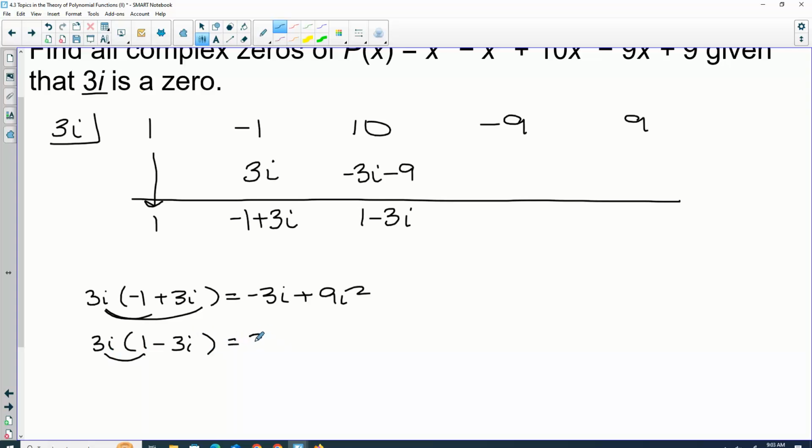So 3i times 1 is 3i. 3i times negative 3i is negative 9i squared. So I have 3i. What's negative 9i squared? Now when I add like terms, negative 9 and positive 9 cancel, and we just get 3i.